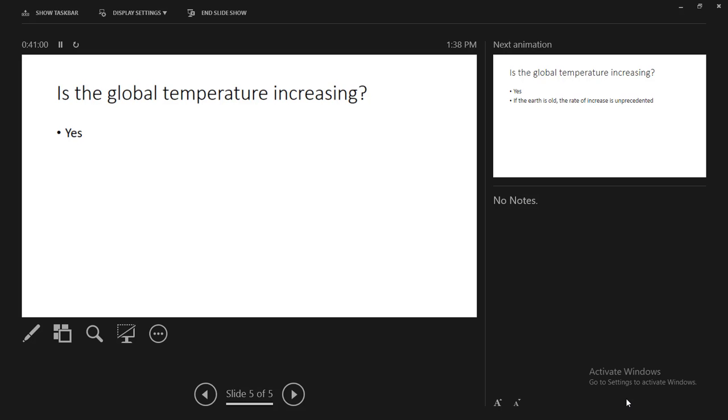Here's where it gets, so chemically speaking, yes. But here's something we really need to take into account, which very few people that talk about greenhouse gases will talk about. If the Earth is old, if the Earth is billions of years old, the rate of increase is unprecedented.